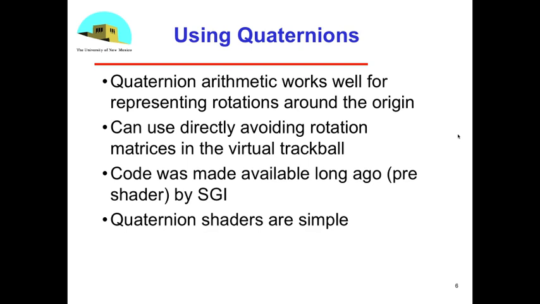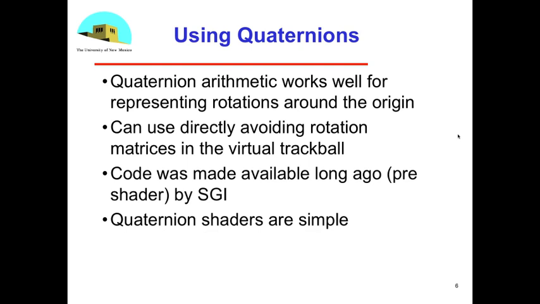Now the code that I'm going to try and find for you, and I'm sure you can all find it by search, is the virtual trackball code Silicon Graphics made long ago. So I think if you just do some searches on trackball, you'll eventually dig up some C code from SGI. It's probably 20 years old now, but that uses quaternions in it to do the rotations.